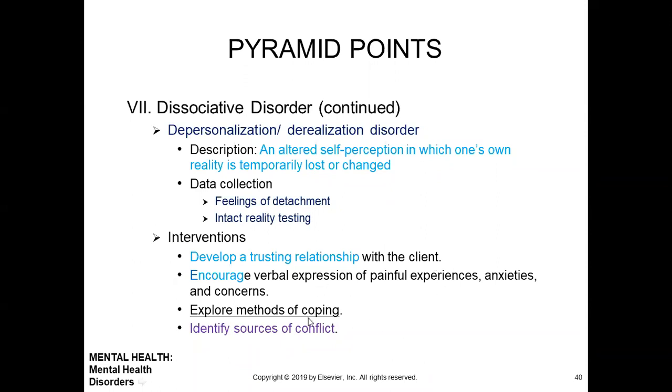Explore the methods of coping, because everybody's coping mechanism is not the same. Identify the source of conflict, which is the underlying cause of the disease. We help the patient make decisions during the dissociative period, because at this time it is difficult for your patient to make a decision.